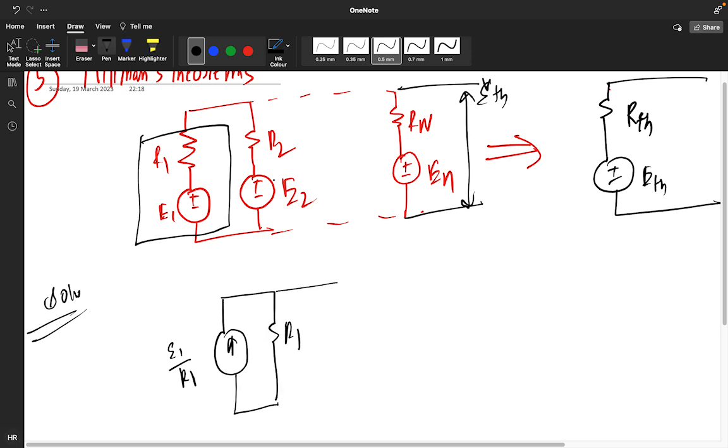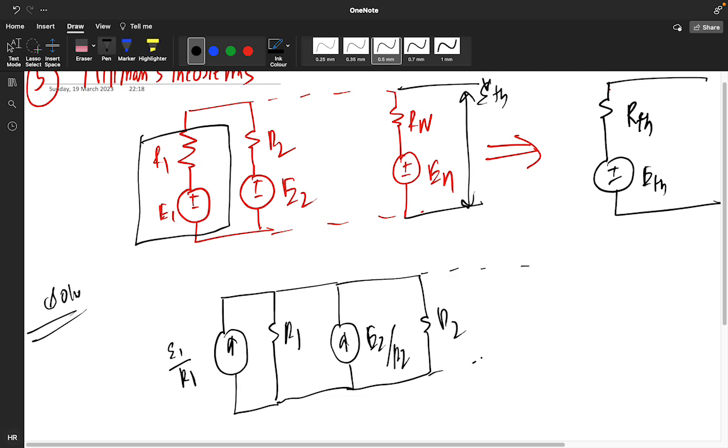What is the source transformation of this? The current will become E2 by R2, and one resistor will come in parallel to this. So this circuit will go like this: En by Rn, with some resistance Rn.